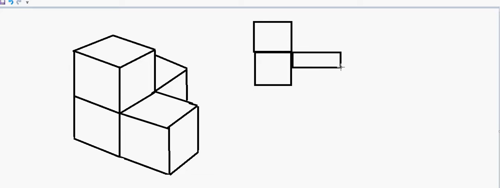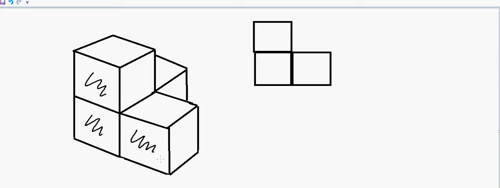We would just see that. We would just see this face, and this face, okay, because we can't see behind it, we can't see how deep it is. So we would only see 3 squares in that arrangement, okay.